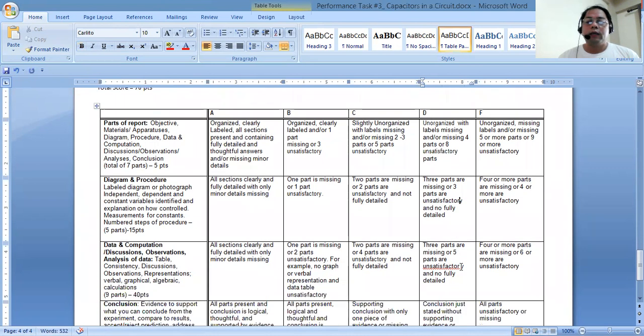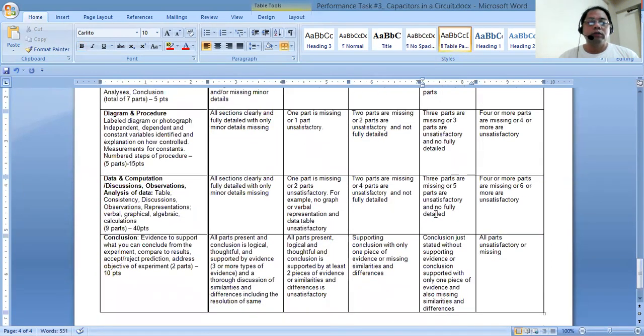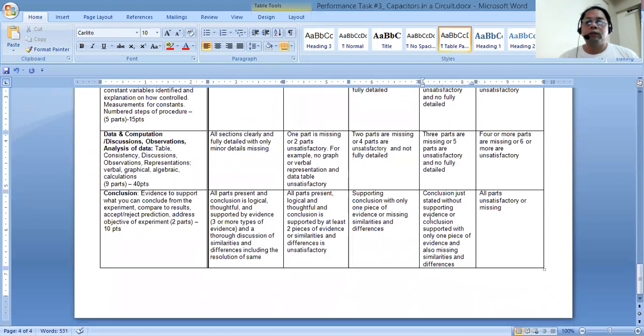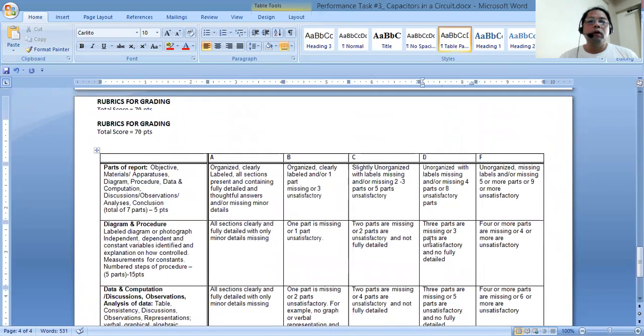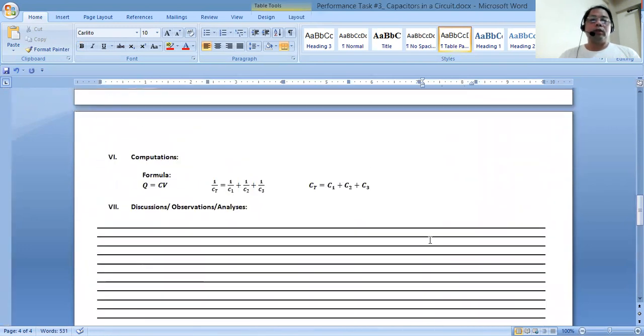And just take note, this one will have a decreasing value. Since there are 5 columns here and the value is divisible by 5, you can equally divide the value so that you'll know how much is the total score that you could possibly attain. Okay, so that's your activity there.